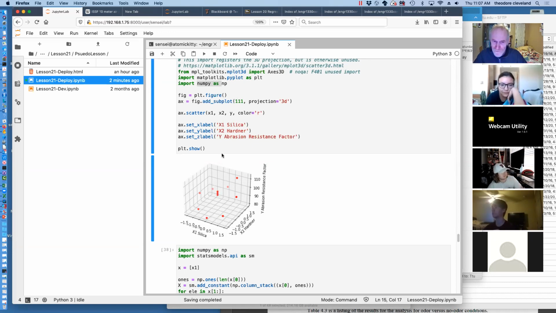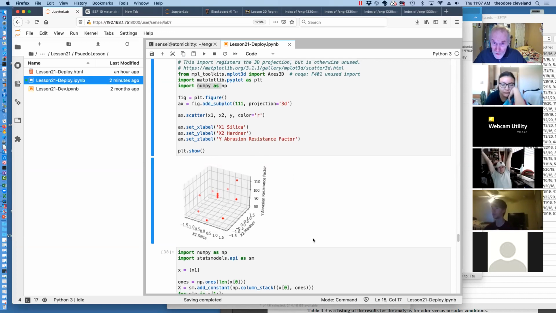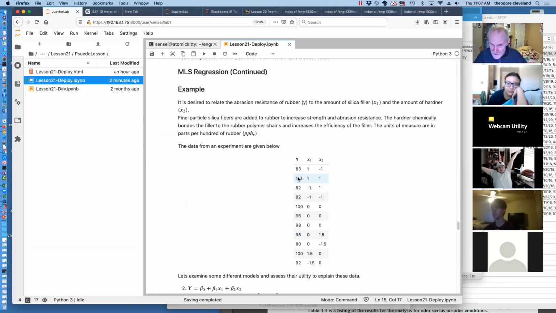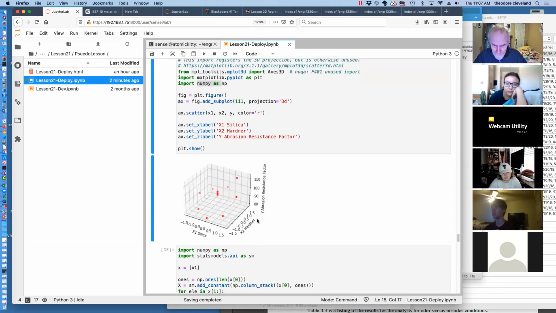And now moving up from the plane, we're introducing our third dimension, which in our case is the abrasion resistance factor. The abrasion resistance factor ranges from somewhere in the 80s up to 113. So we're going from the 80s to the 110s. For instance, this point right here is 1.0, minus 0.5.